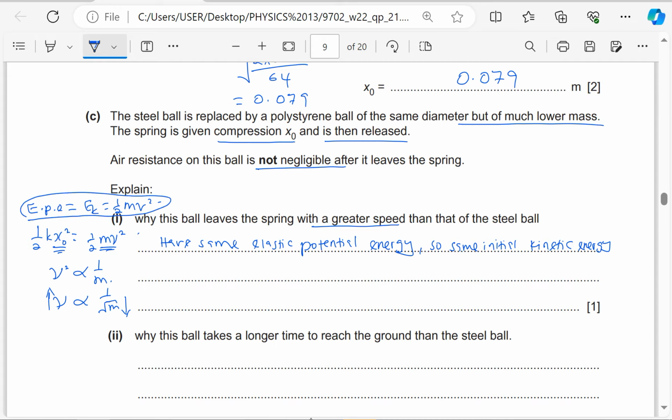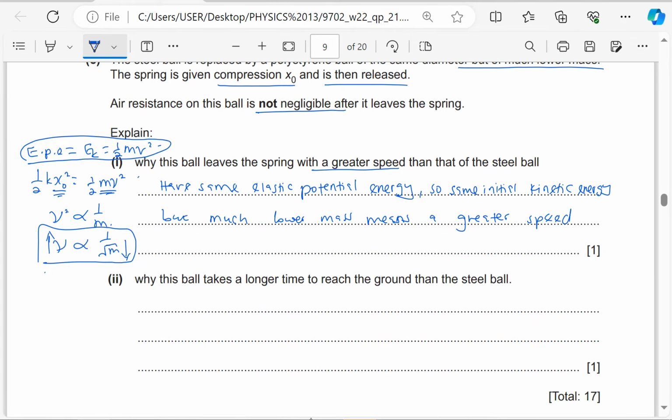But v is inversely proportional to the square root of m, so a much lower mass means a greater speed.